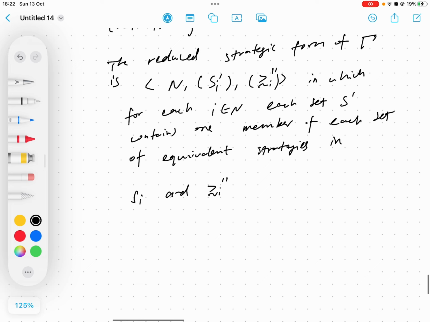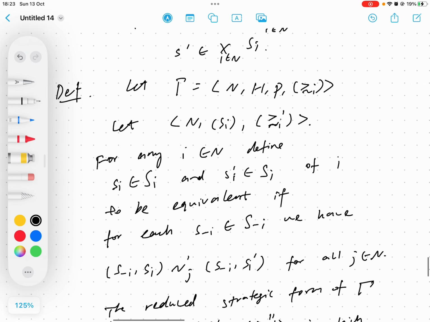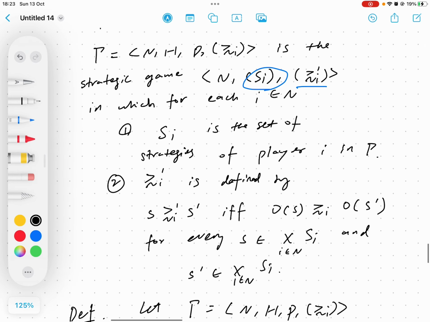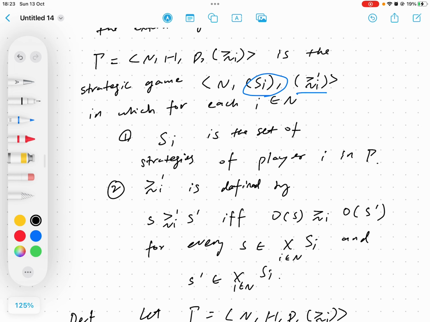And this new preference relation is the preference ordering over the product of S j prime induced by this single prime, right? Okay, so that's a definition for the reduced strategic form, just for us to know. We might not give any related results for that, but it's something that we could know for now, okay?